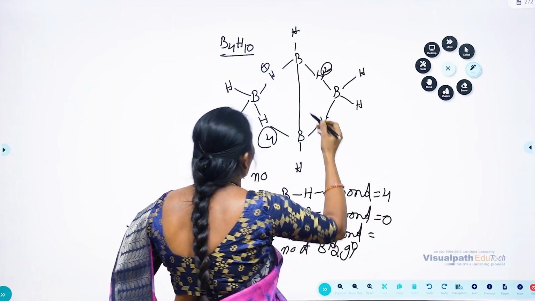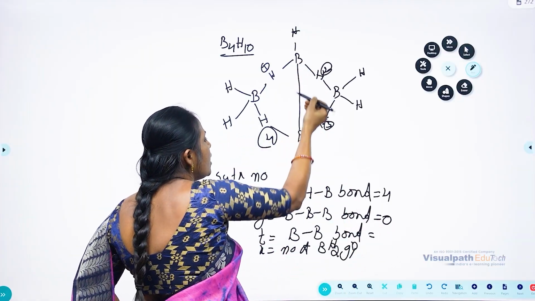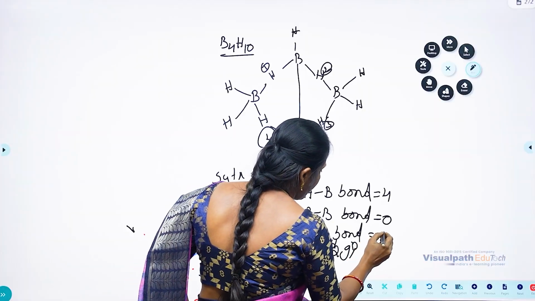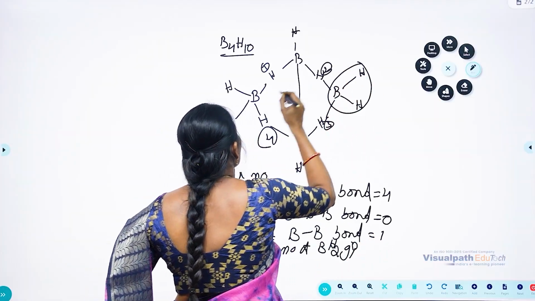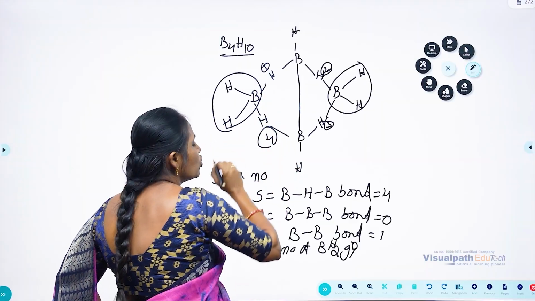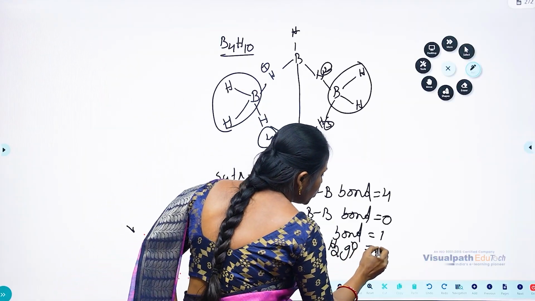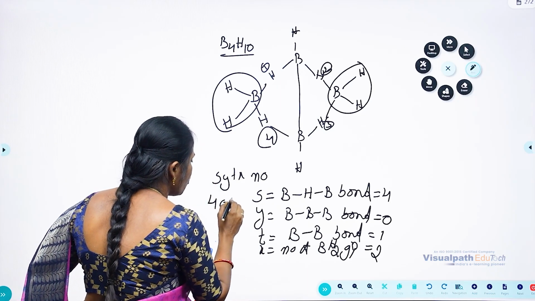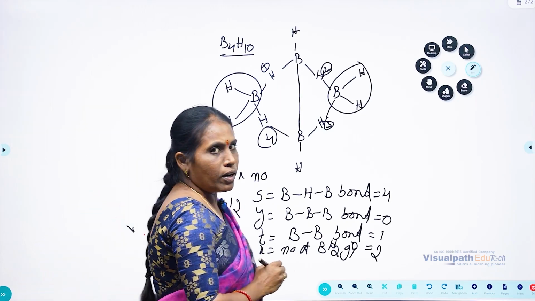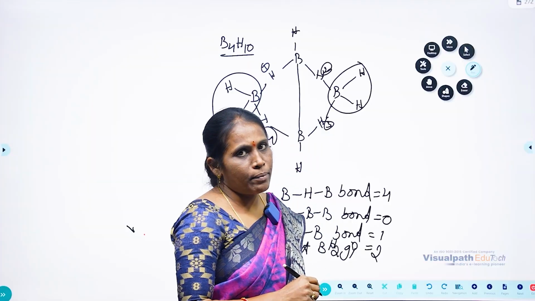And BB bonds: 1 is there. And BH2 groups: here is 1 BH2 group and here is another BH2. Total 2. So its syntax number is 4012.